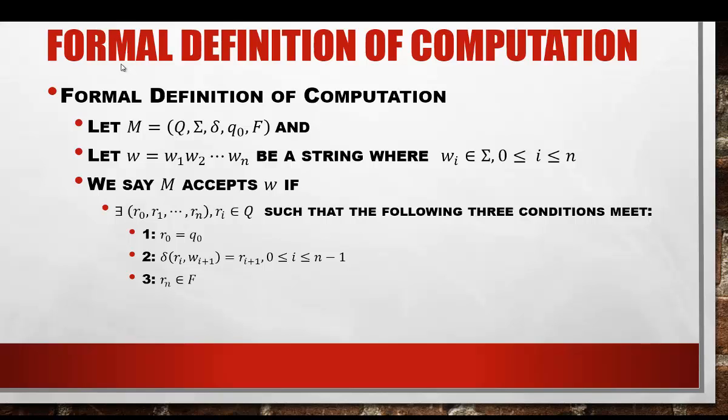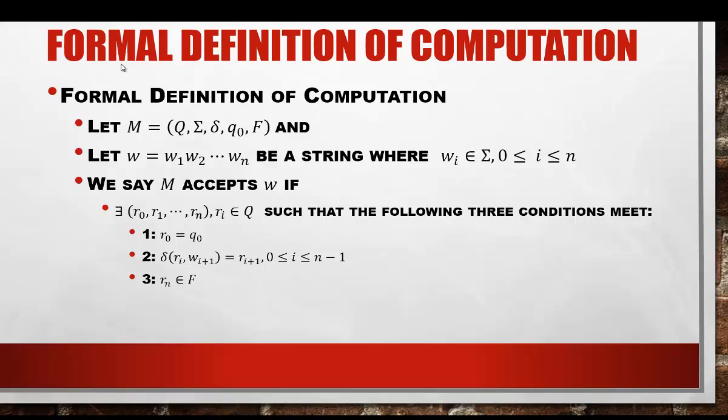In any kind of sense, if W is a sequence of operations, a sequence of computations, we will say M computes. So we say M accepts W if there exists a sequence of states from Q such that three conditions are met. The first is that R sub 0, the first state in the sequence, is Q sub 0, the start state of our automaton.